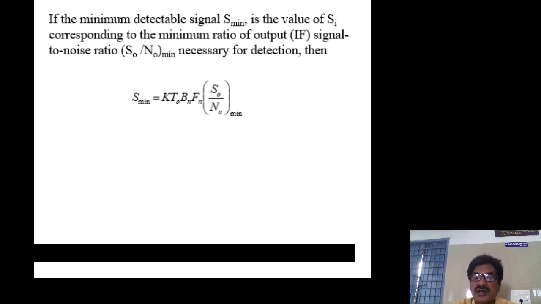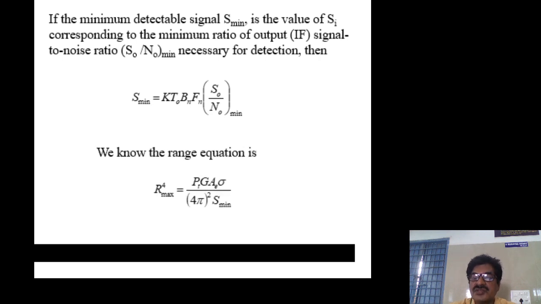Now in the range equation, if you substitute it, R maximum to the power of 4 equals Vt sigma Ae divided by (4 pi) whole square, and instead of S minimum, it is now expressed as K T naught Bn Fn times (S0 by N0) minimum.